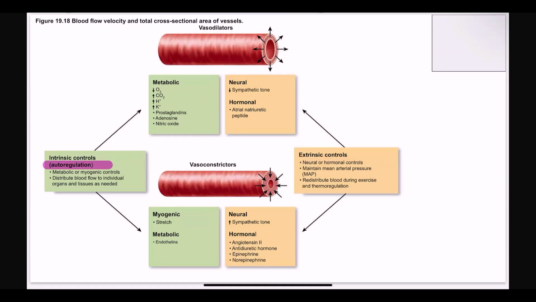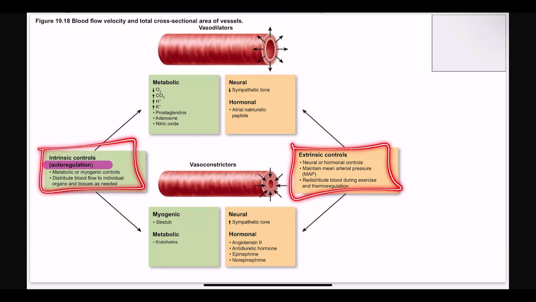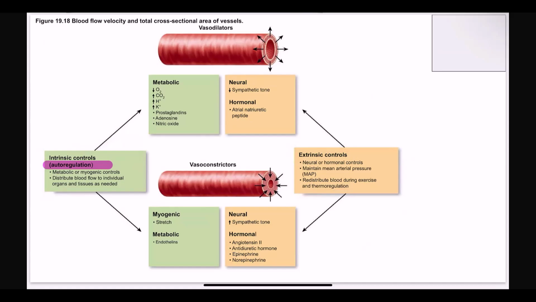So we can see that each of these boxes describing the intrinsic or extrinsic controls describe. So for example, if we're looking at the intrinsic controls, we have metabolic controls, myogenic controls, myo meaning muscle, right? So muscle controls, and how we're distributing blood flow. The extrinsic controls are either neural or hormonal, similar to how blood pressure is regulated.